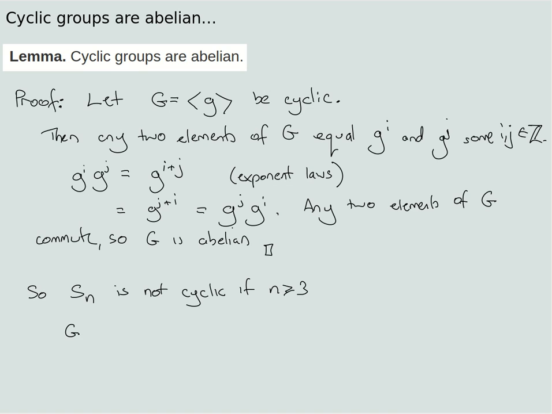And similarly, GLn(R), the group of n by n real invertible matrices under matrix multiplication, is not cyclic if n is greater than or equal to 2 this time, and also GLn(C). For the same reason, it's not abelian, so it can't possibly be cyclic. Okay, if a group is cyclic, it's got to be abelian, so it's natural to ask, does it work the other way around?